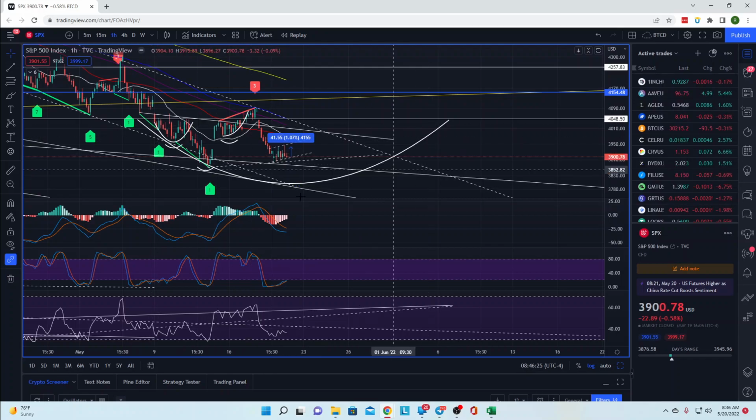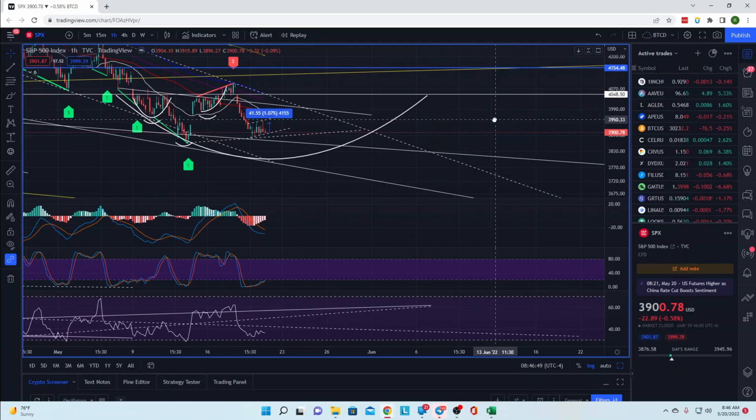Again, I think there are one of a few ways that this thing could come out, and it all ends up helping Bitcoin in the end. If this is a little bull flag, it's going to come down right into this little rounded bottom that I have on here now, and hopefully that would be the thing that helps break this $4,000-ish level and actually hold it. We've talked about rounded bottoms enough.